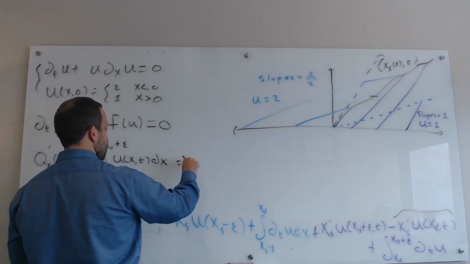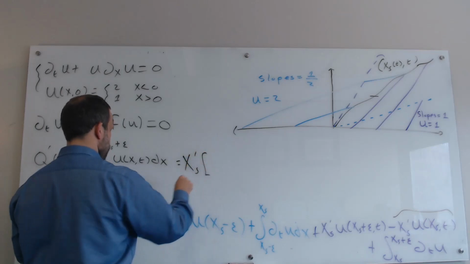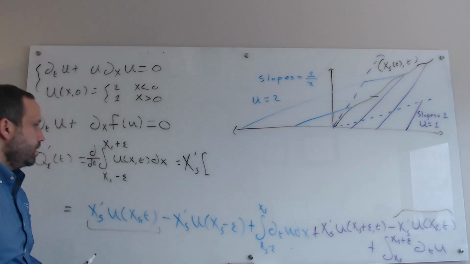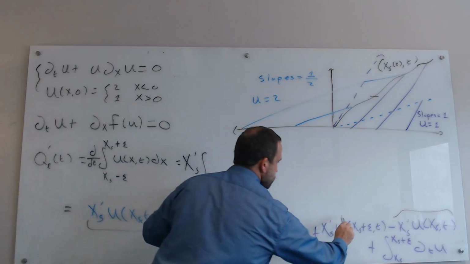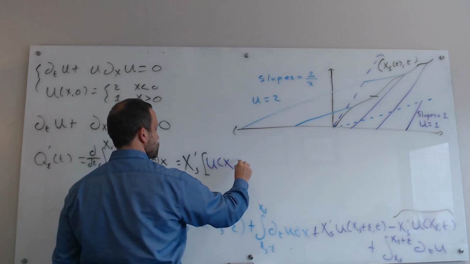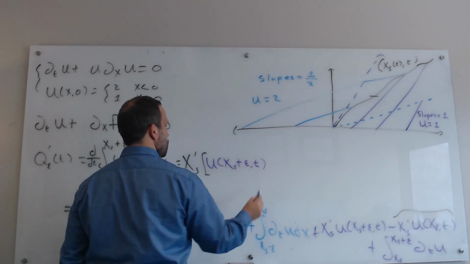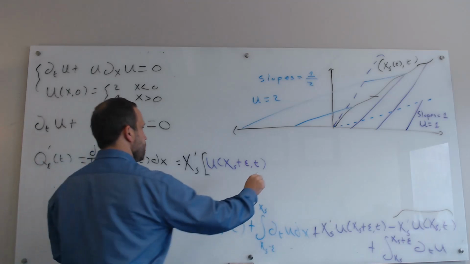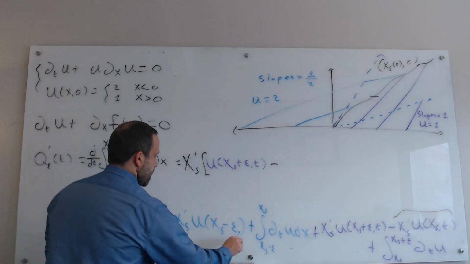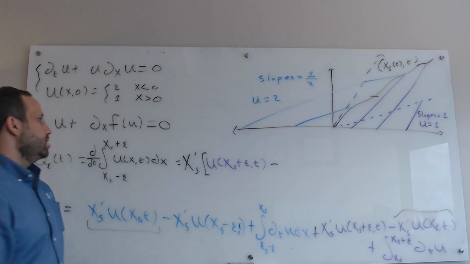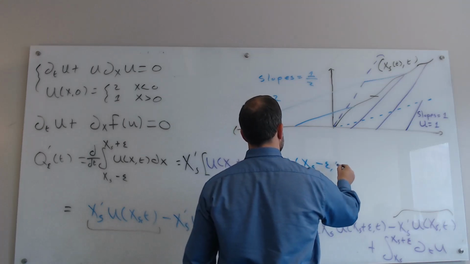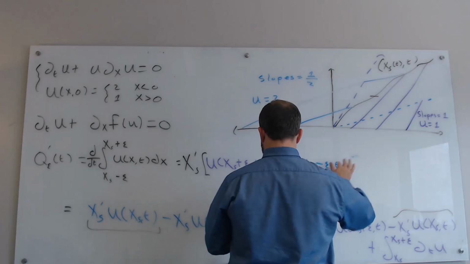So we're going to have xs prime times u of xs plus epsilon, comma t, and then minus xs prime times u of xs minus epsilon, comma t.